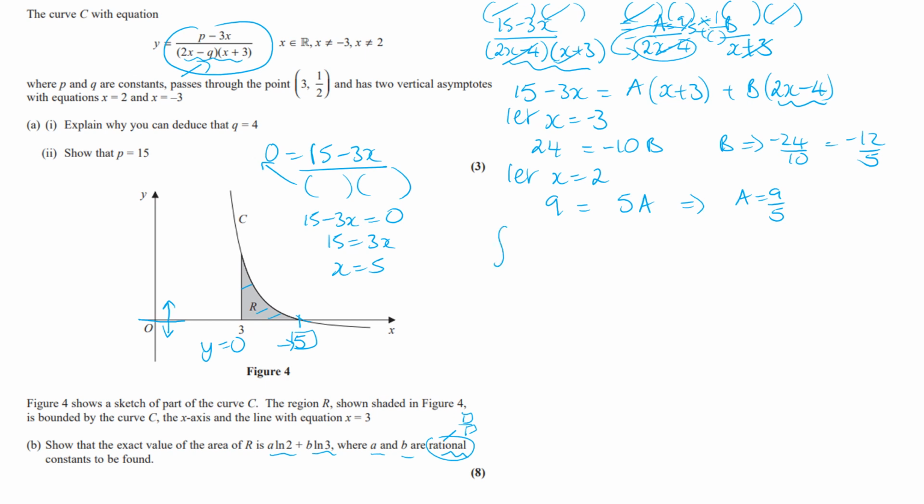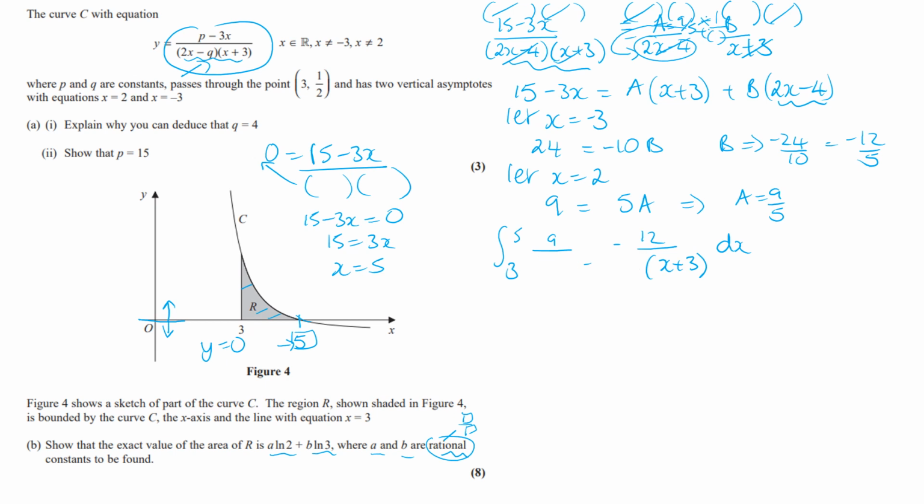So I'm going to be integrating between 3 and 5 of my a, which is 9 over 5 over 2x minus 4, minus 12 over 5 over x plus 3. Now I can integrate, but before I do, I think I'll take the fact that we've got a 5 out on the front.